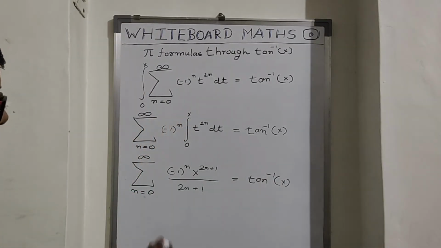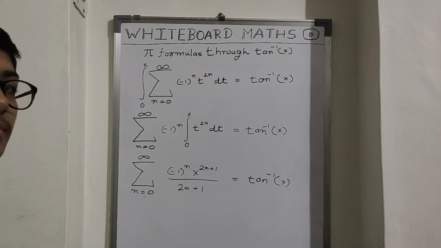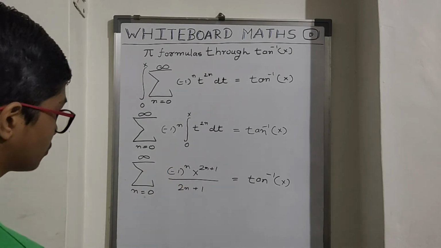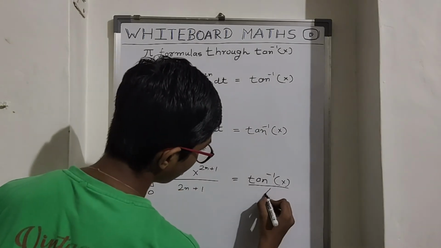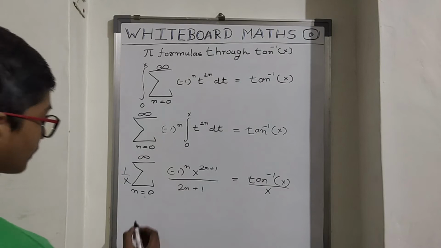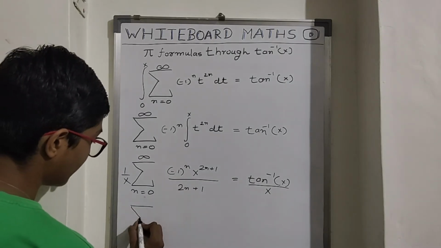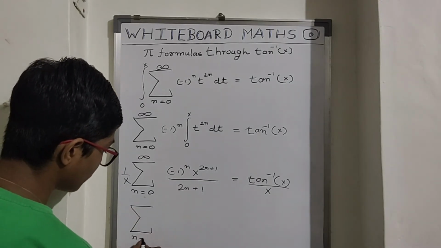Now we are going to do some substitutions. So we multiply both sides by 1 over x, and we would be left with this sum.